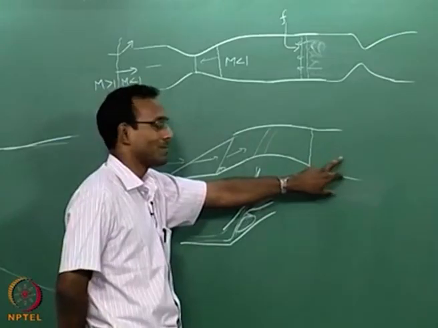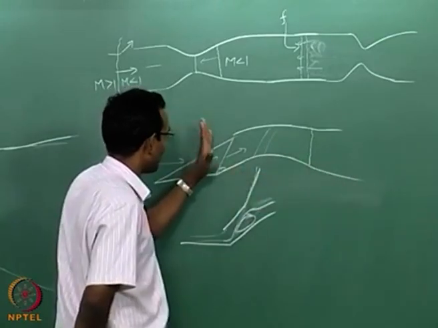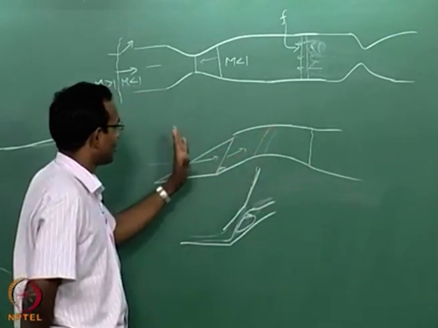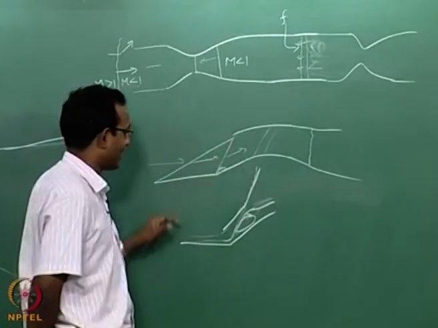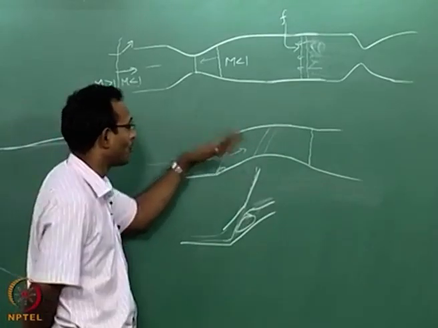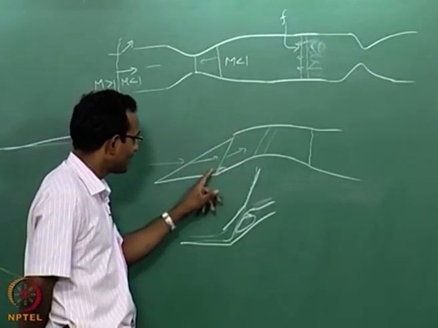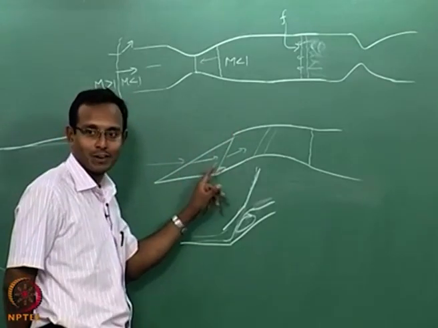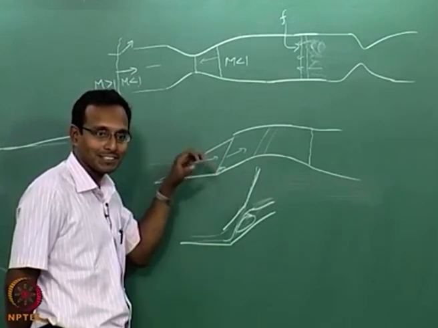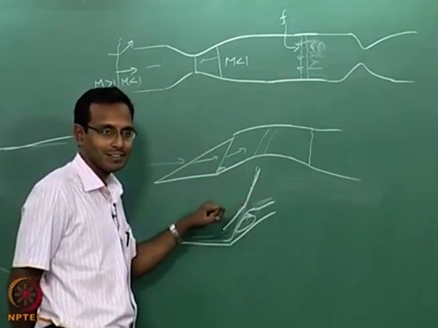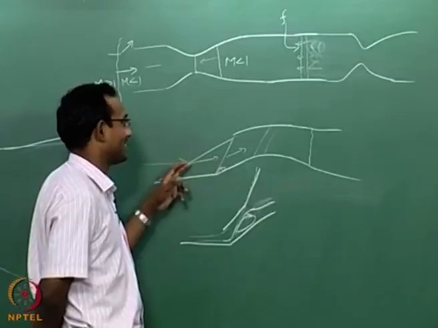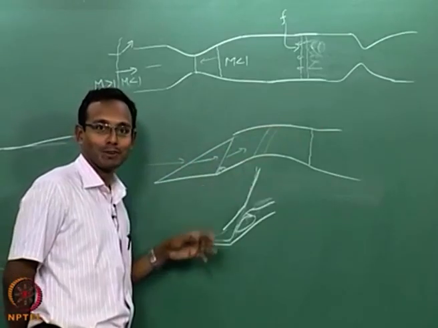If it experiences lower back pressure, slowly the shock will be pulled in. The shock is getting pulled in, so the oblique shock is more and more oblique, giving a lesser P2 by P1. If it is lesser P2 by P1, this boundary layer tripping need not be very strong, and the bubble decreases in size. When the bubble decreases in size, there is more mass flow going in because it is the opposite effect.